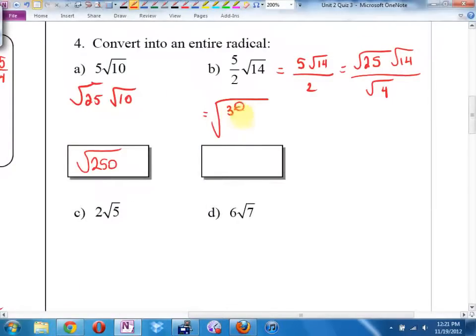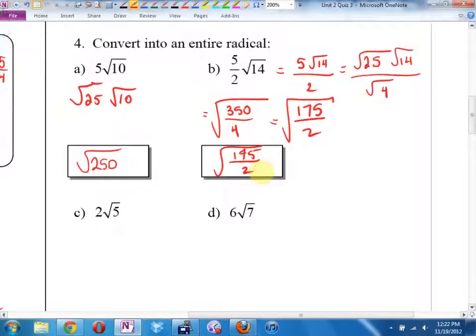Root 350 over 4. Does that reduce? What goes into the top and bottom evenly? Oh, this is going to be the square root of 175 divided by 2. You know what? This is going to be root 175 over 2. Can't go any further.